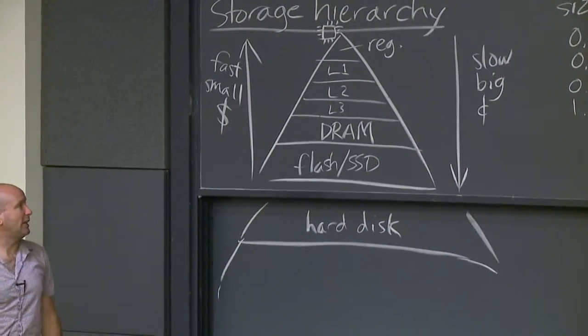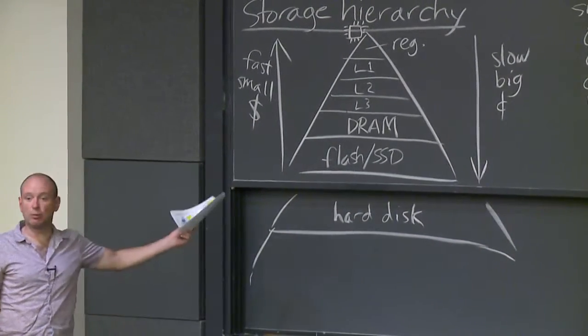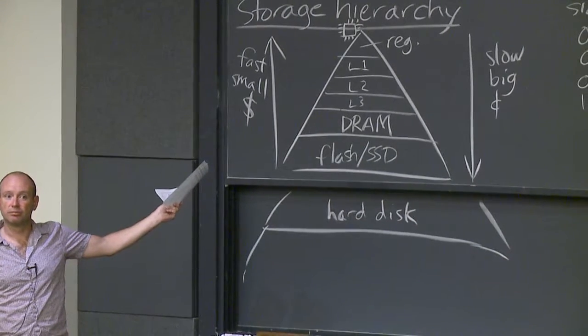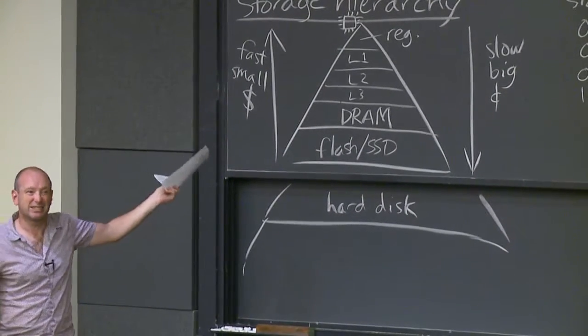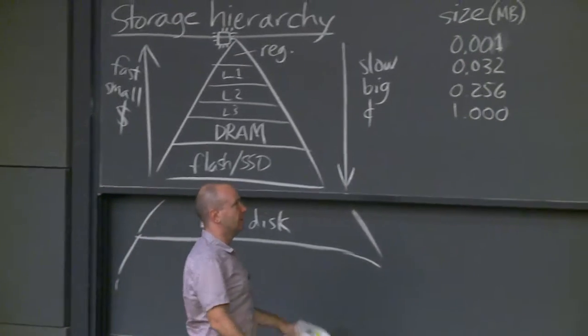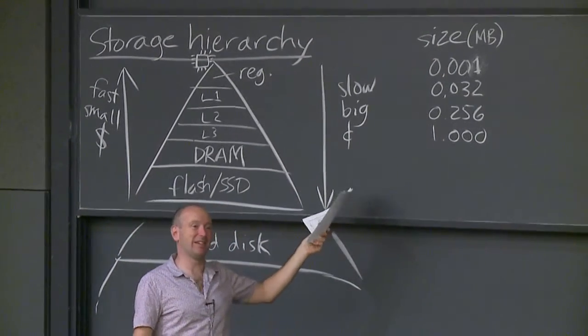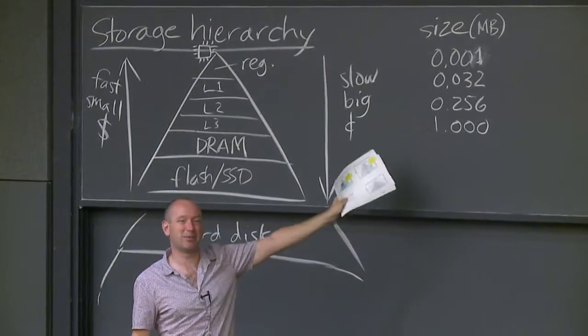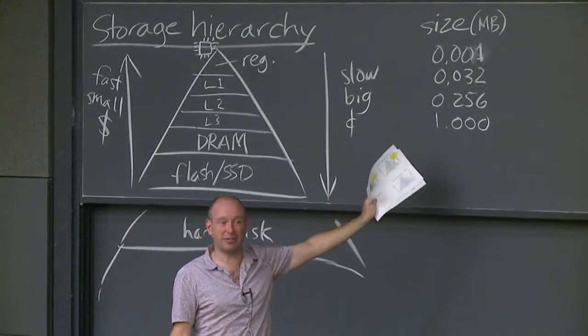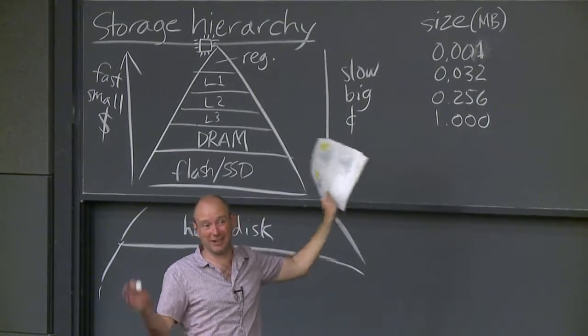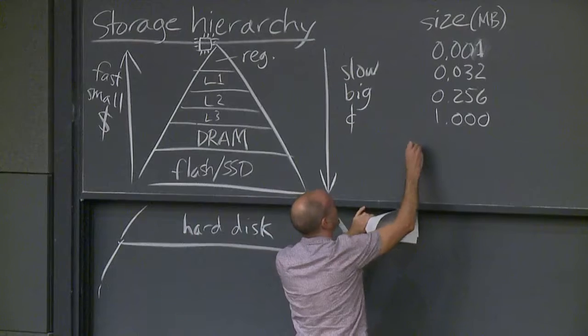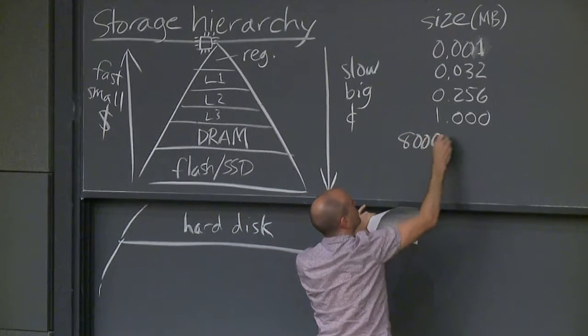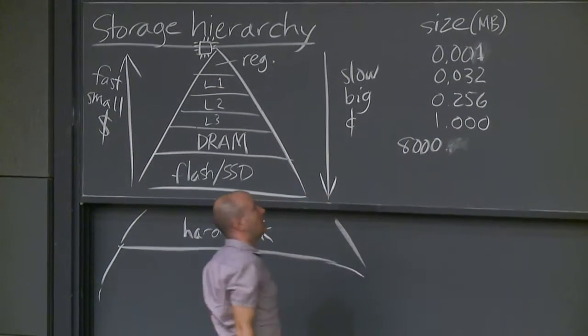About how big is DRAM? Like 8 gigs, roughly. I'm not multiplying by the true factor here, so I'm playing some games with powers of 10 versus powers of 2. Roughly 8,000 megabytes.